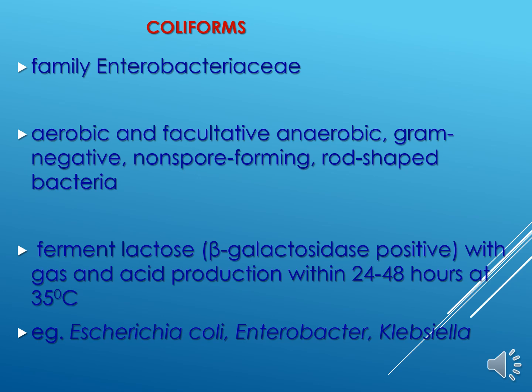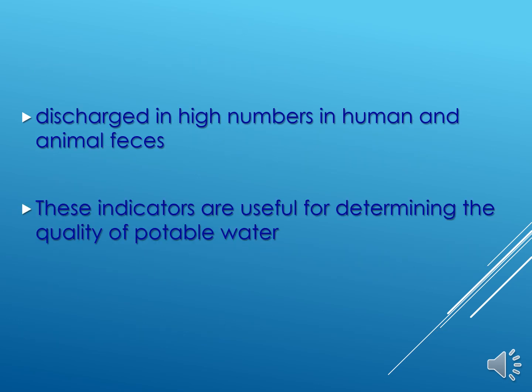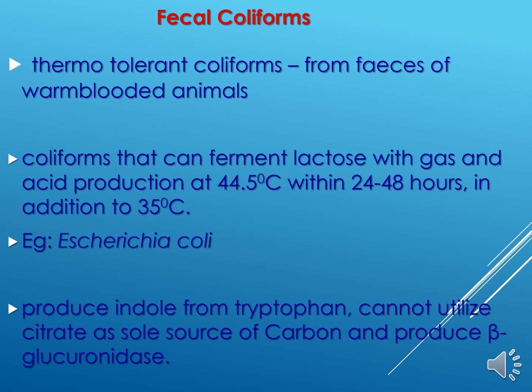They ferment lactose because they have beta-galactosidase enzyme, producing gas and acid within 24 to 48 hours at 35 degrees Celsius. Coliforms include E. coli, Enterobacter, Klebsiella, etc. They are usually discharged in high numbers in feces, and they are useful for determining the quality of potable water.